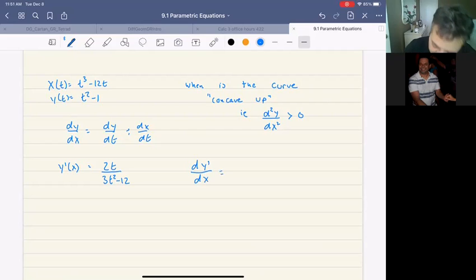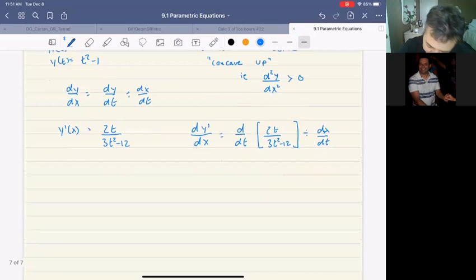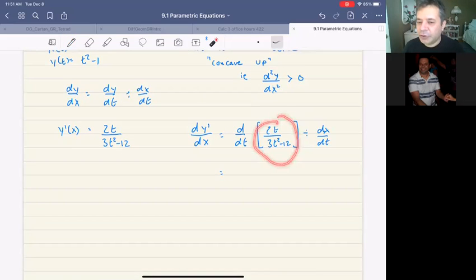So that's going to be d/dt of our y prime divided by dx/dt again. When I do that, let's see what I get. I have to take the derivative of this using the quotient rule, so let me do that over here to the side.